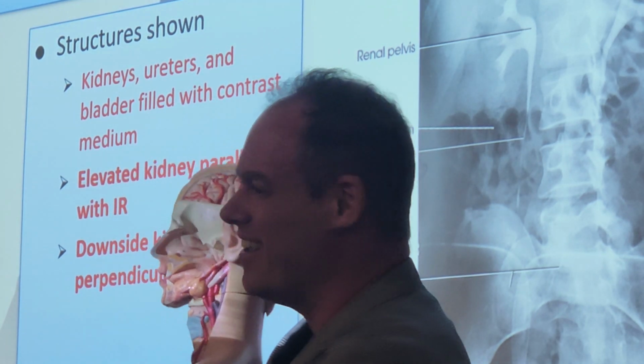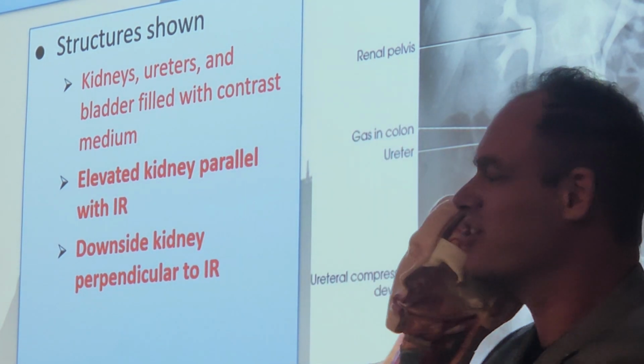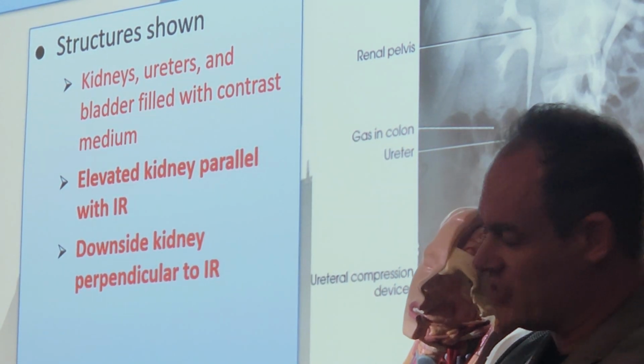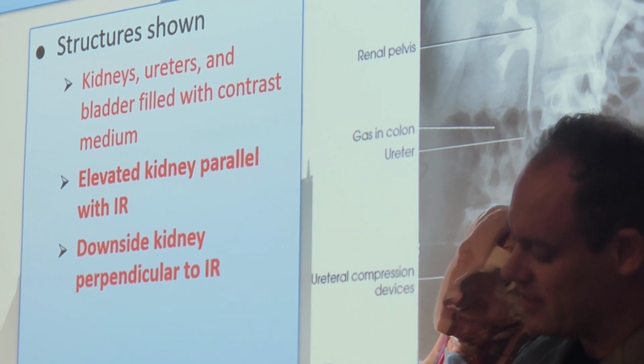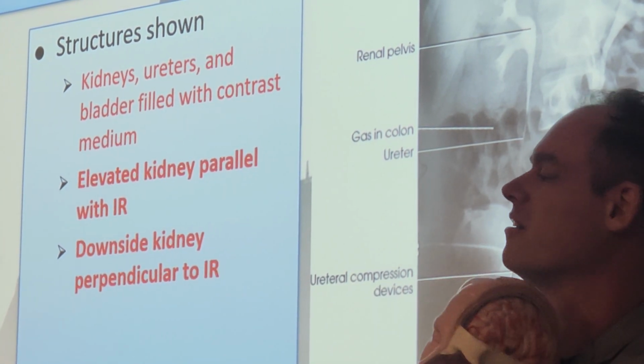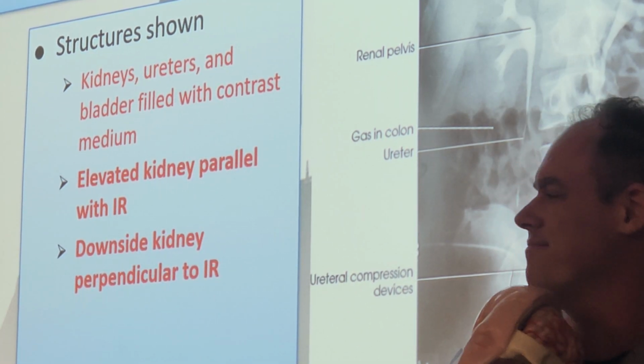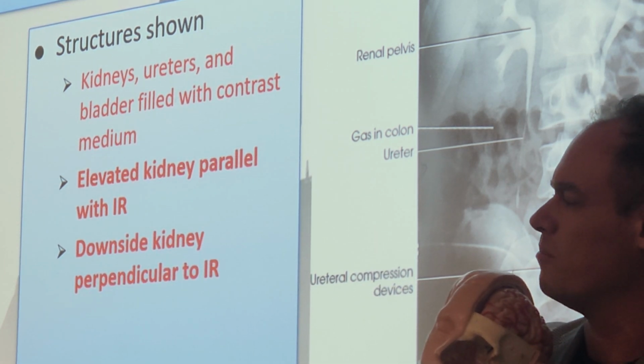Alright. LPO. It's the side down. That's the star of our show, the left kidney. It's down, it's considered perpendicular. This kidney is elevated in the air. That's the right kidney. That one is considered parallel because there's a space between the kidney and the IR. But also, it's going to put it more slightly oblique and lateral in view, while this one's going to be on its side more in profile.